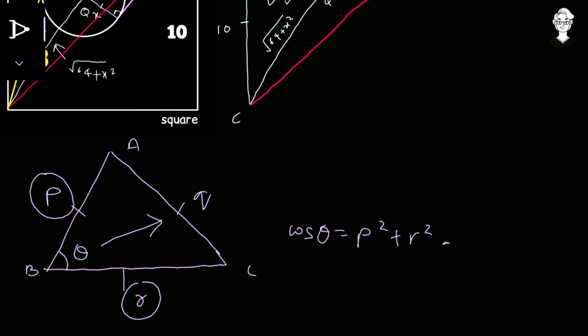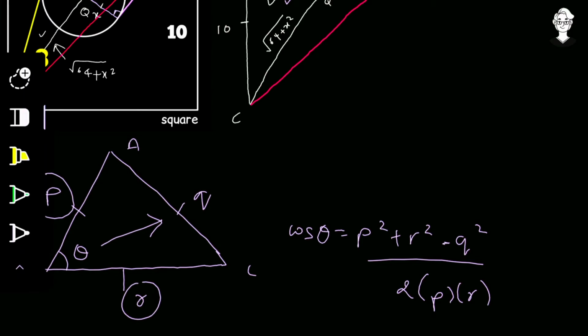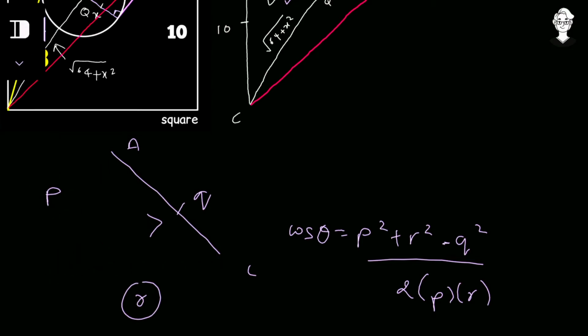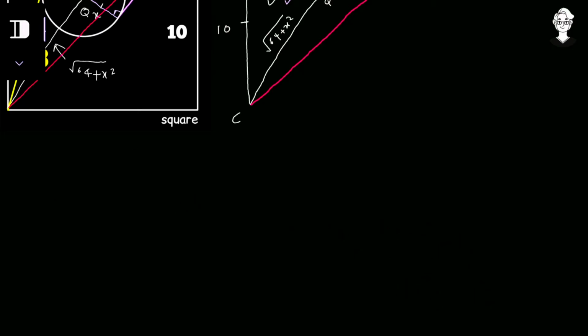Opposite to this particular angle theta is Q, so minus Q square, upon 2 times the product of adjacents. Adjacent sides are P and R. So according to the cosine rule, in any triangle, cos theta is equal to the square of the adjacents added together minus the square of the opposite, upon 2 times the product of adjacents.